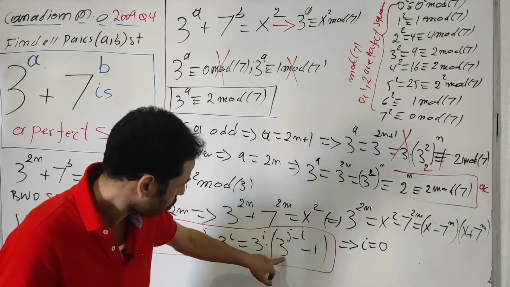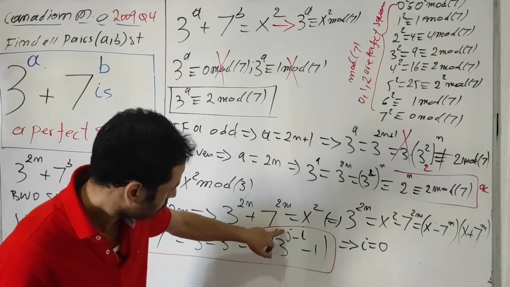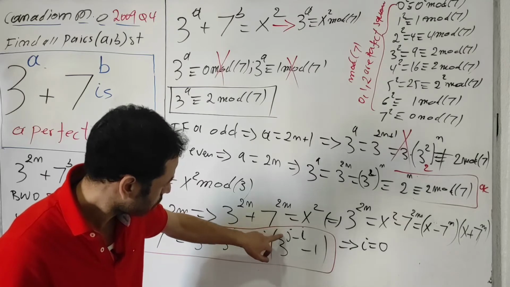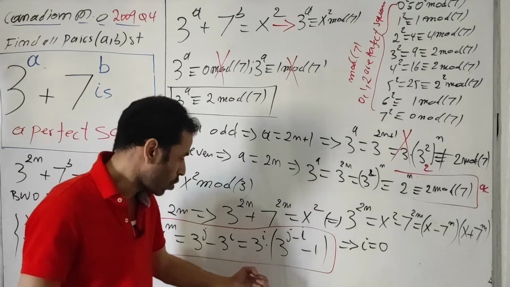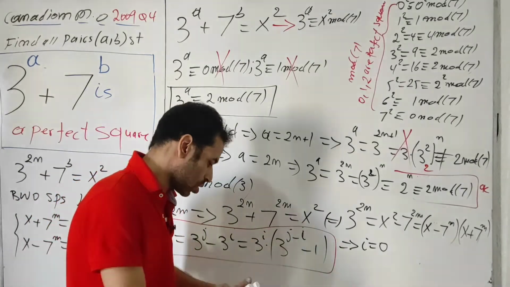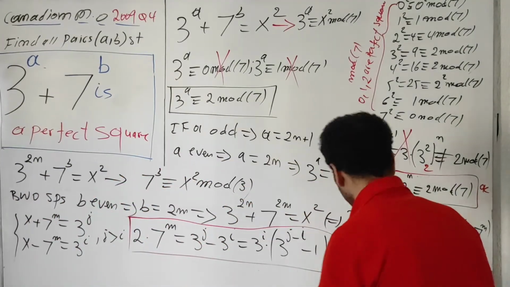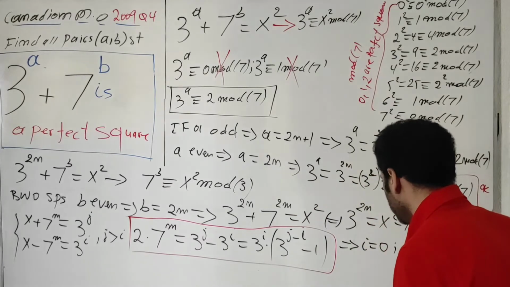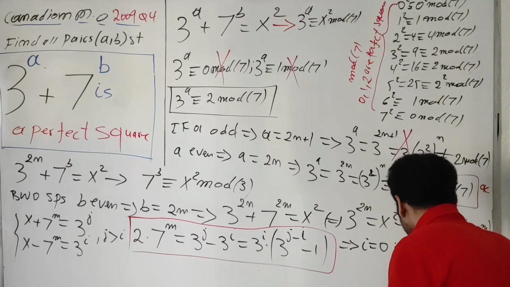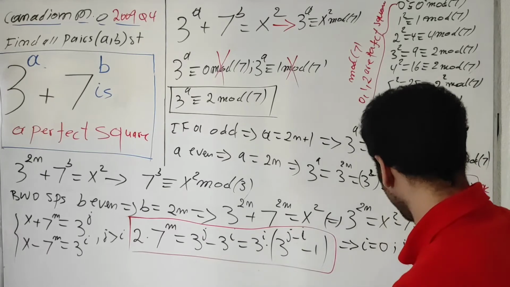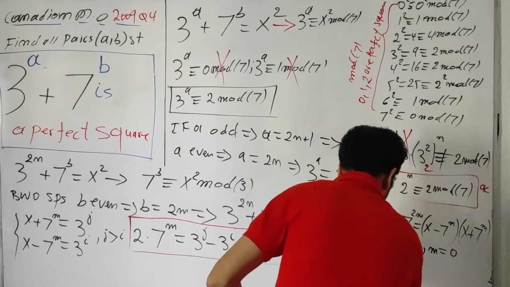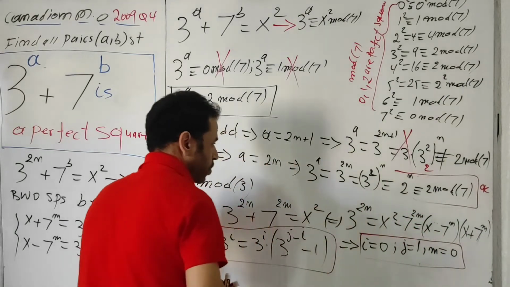This term also, 3 to the j with j equals 1, is 3. 3 minus 1 is 2, so 2 equals 2. We have equality now. The only condition to make the equation work perfectly is j equals 1 and m equals 0.